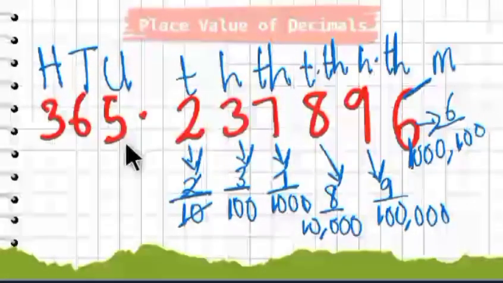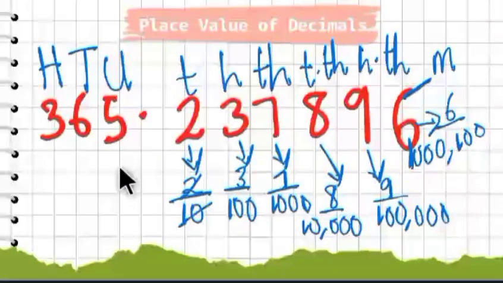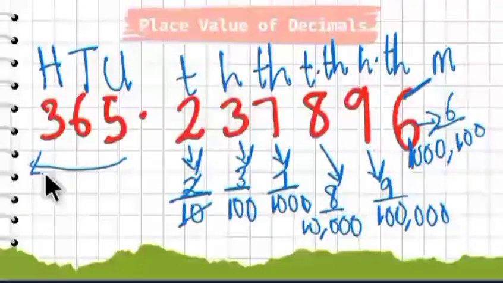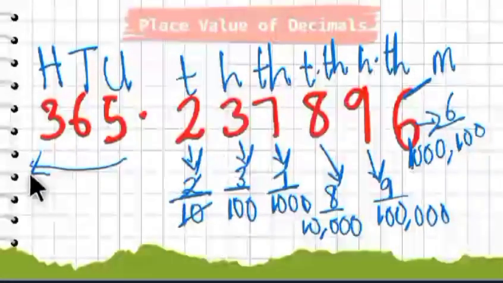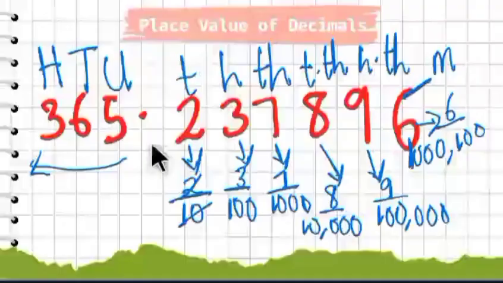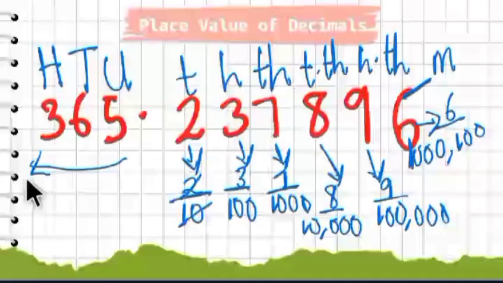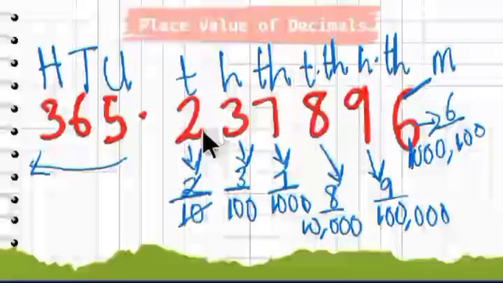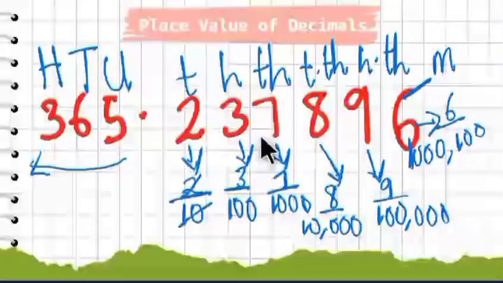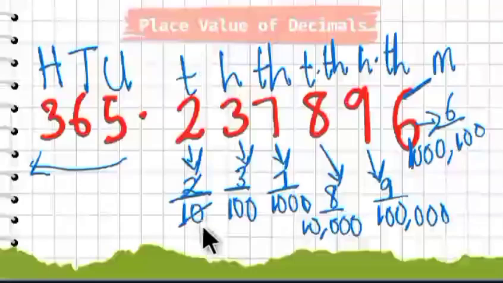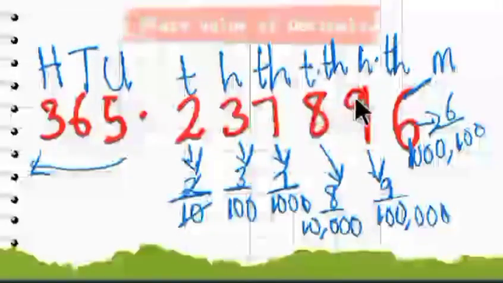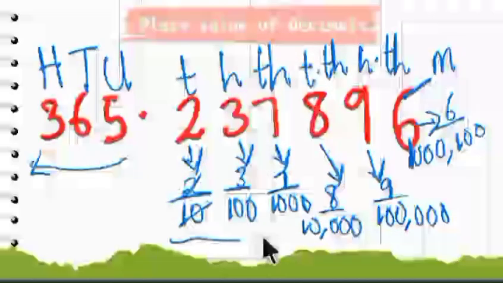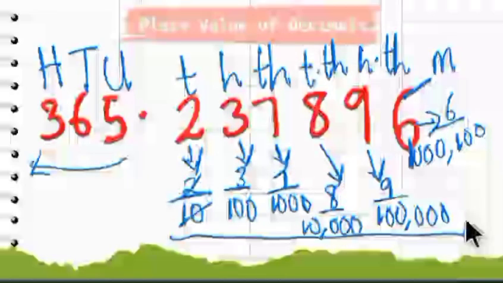So for whole numbers, we start from the units, then go to the left. Sorry about that. We go from right to left. But for the decimal place value, which is the fractional part, we start from the left down to the right.